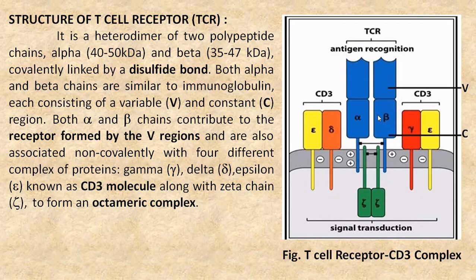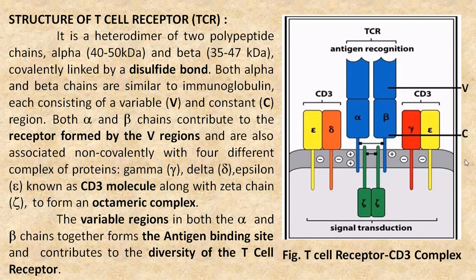Both alpha and beta chains contribute to receptor formed by the variable regions and are also associated non-covalently with 4 different complex proteins: gamma, delta, epsilon, known as CD3 molecule, along with zeta chain to form a octameric complex.